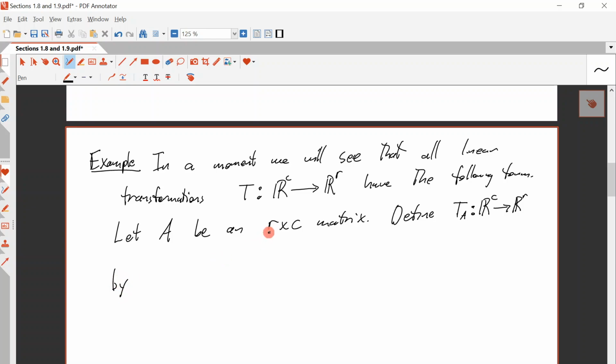So this is presented r rows, c columns, but the linear transformation is the other way around. Domain is R^c, range is R^r. Define the transformation T sub A from R^c to R^r by T sub A of vector x is just equal to A times x. This is a linear transformation.